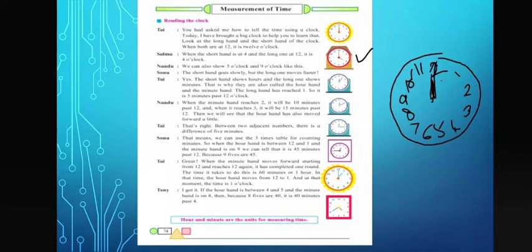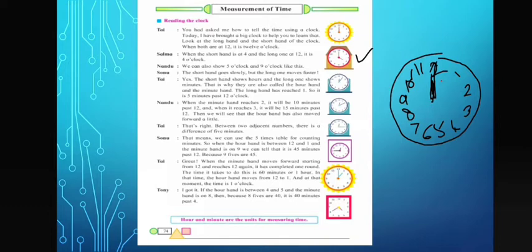Okay, the long hand has reached 1, so it is 5 minutes past 12 o'clock. Whenever the minute hand passes, and the small hand moves slowly because it is the hour hand. When the long hand starts moving, we say it is 5 minutes past 12.